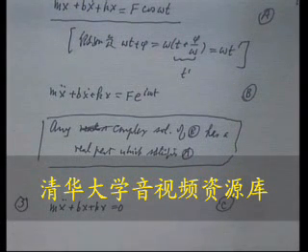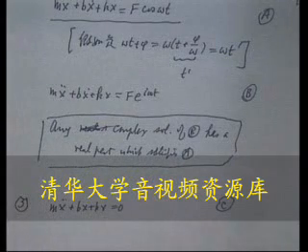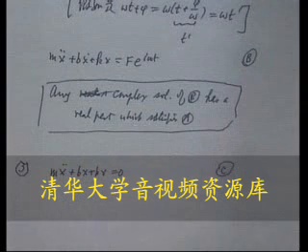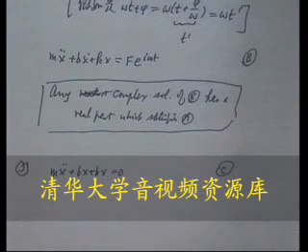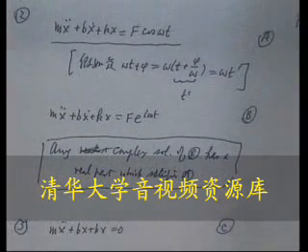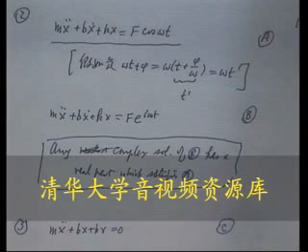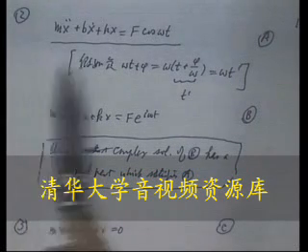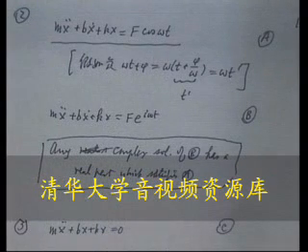Obviously, suppose the solution of this one is called x1 and the solution of this is called x2. Now I take x1 plus x2. If you take x1 plus x2 and substitute on the left-hand side, the x2 part drops out because of this. So you only are left with x1.